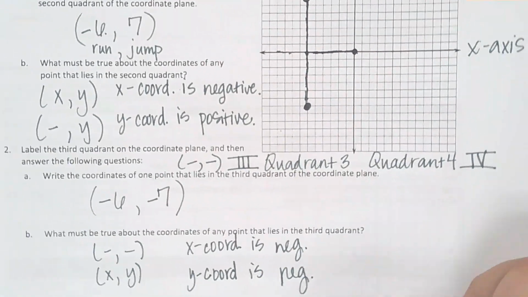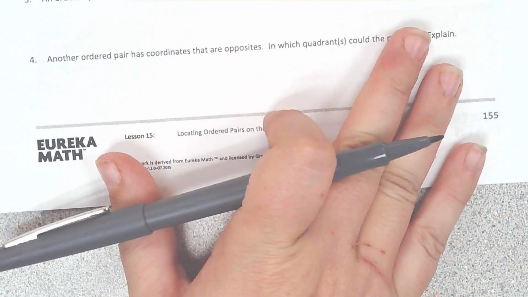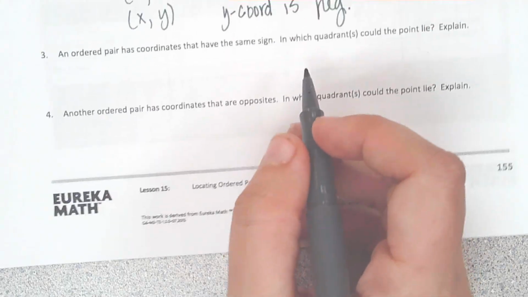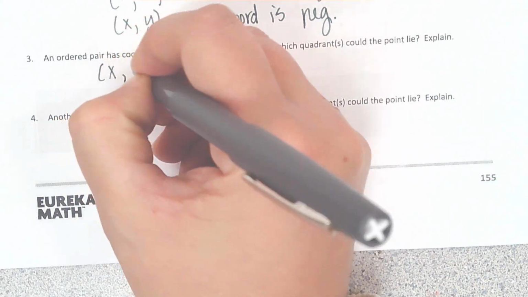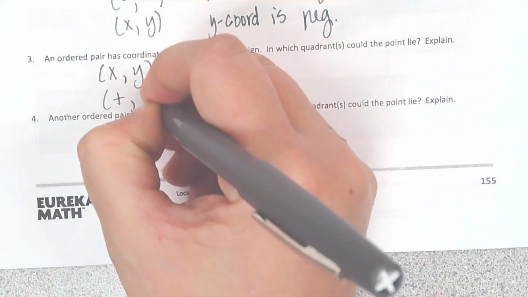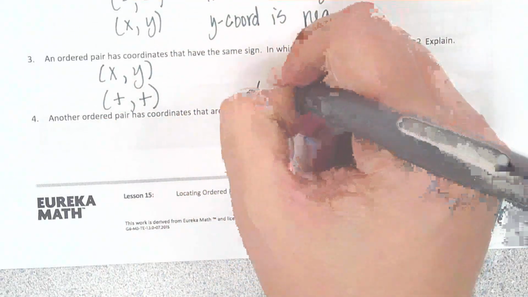Okay. So let's finish out this lovely work here. It says, an ordered pair has coordinates that have the same sign. Well, we talked about this yesterday. If they have the same sign, I'm talking about x and y being the same sign. So it could either be positive and positive, same sign, or negative and negative.